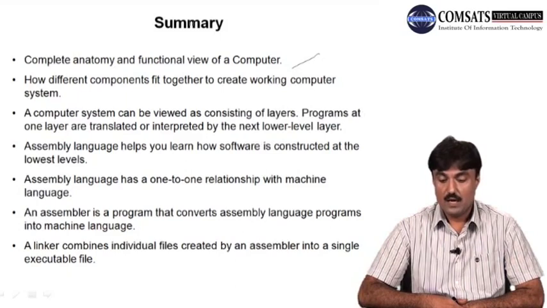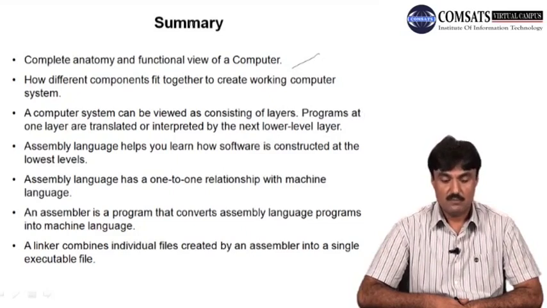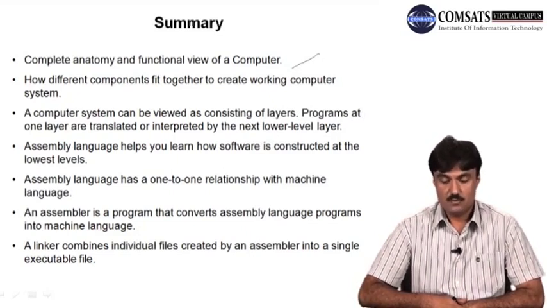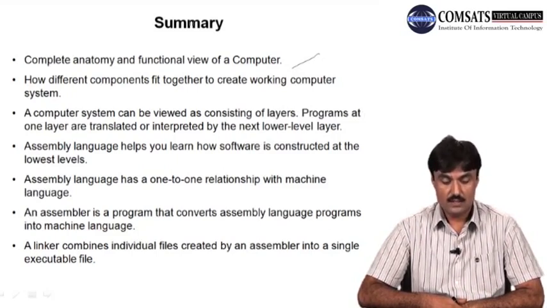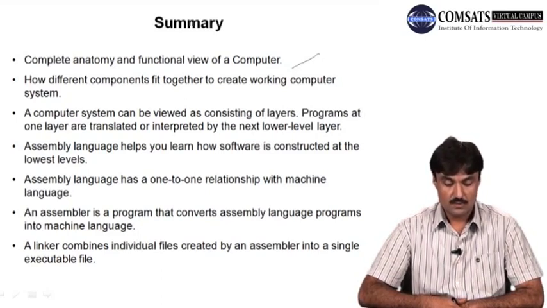Assembly language has a one-to-one relationship with machine language, and we need an assembler program that converts assembly language programs into machine language. We also need linkers that combine individual files created by an assembler into a single executable file.